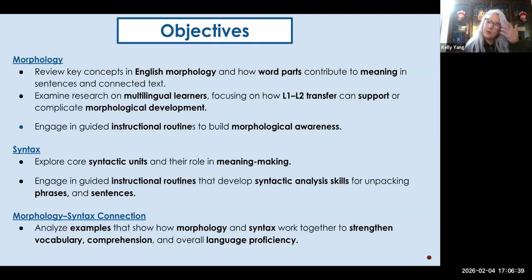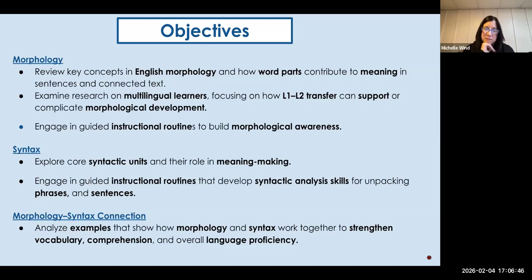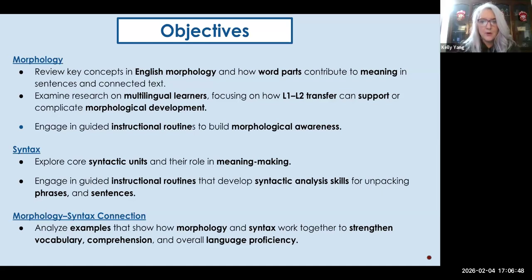So we're going to look at some key concepts in English morphology. We're going to briefly look at some research on multilingual learners and how morphological development can help them. We're going to show you an instructional routine, and you're going to leave with a wealth of different types of activities and resources you can use.